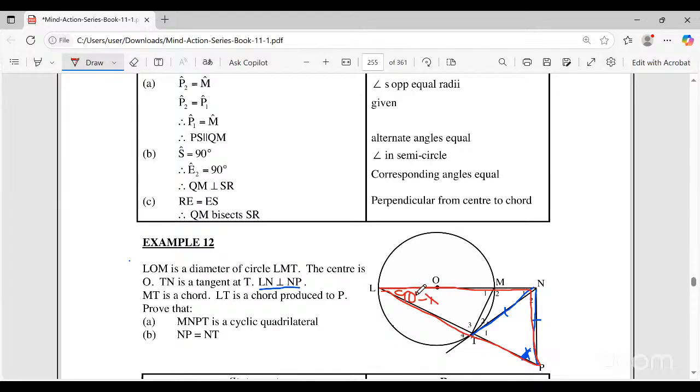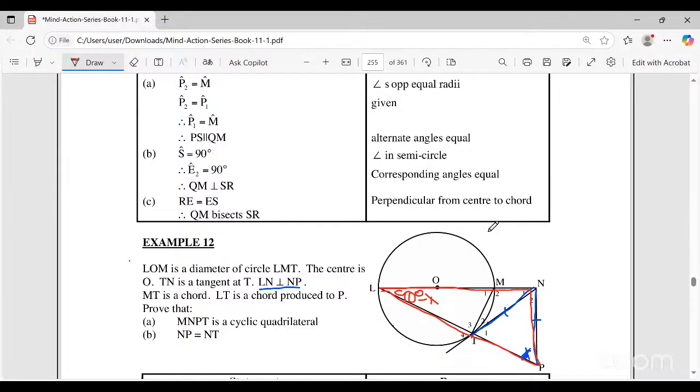Do you guys agree to this? Yes, sir. Yes, Naledi? Can you please repeat, sir?